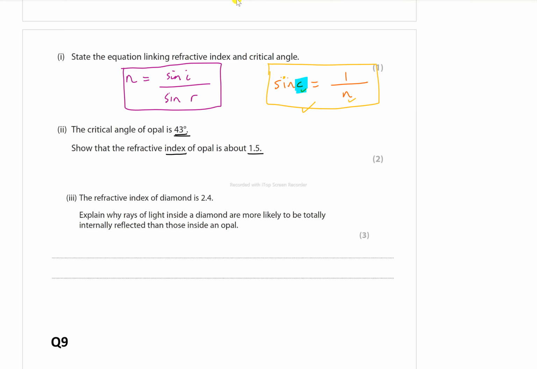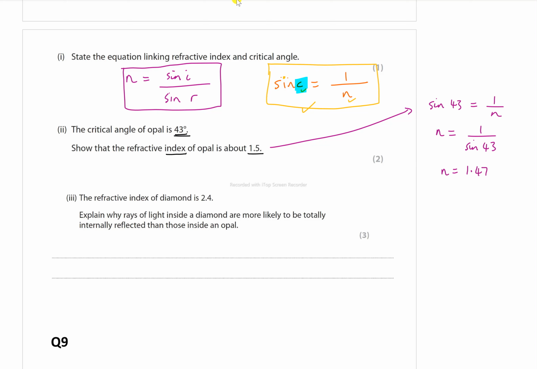So sine 43 is equal to 1 over n, therefore n equals 1 over sine 43. So n equals 1.47, which is approximately 1.5. And you've just shown that.